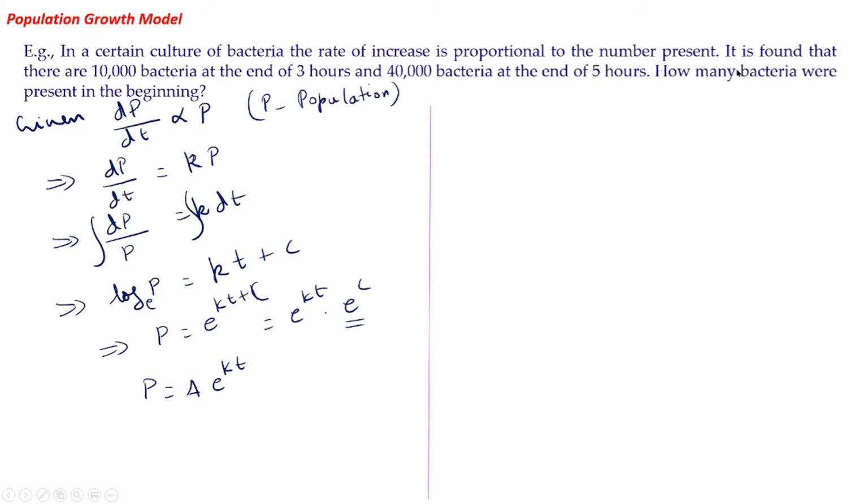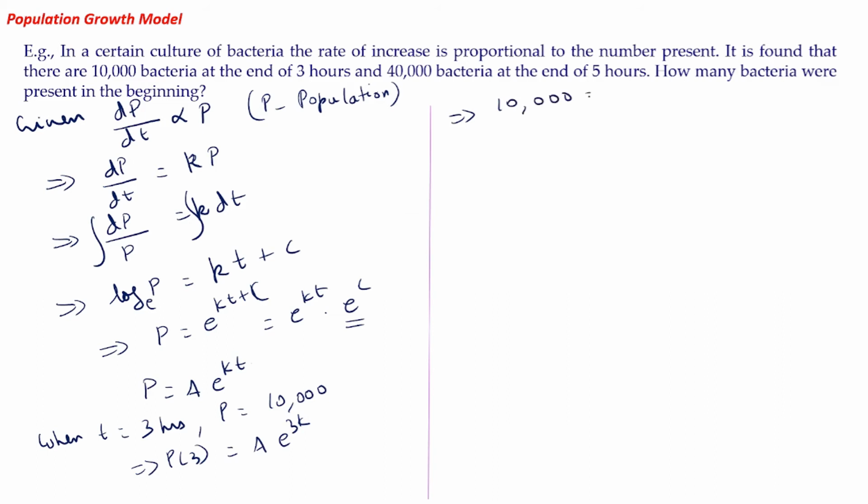Here it is given that there are 10,000 bacteria at the end of 3 hours and 40,000 bacteria at the end of 5 hours. So when t equals 3 hours, P equals 10,000. Which means P of 3 is equal to A into e raised to 3K, or 10,000 equals A into e raised to 3K.